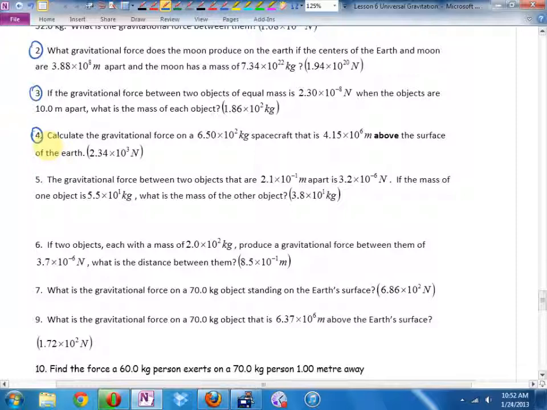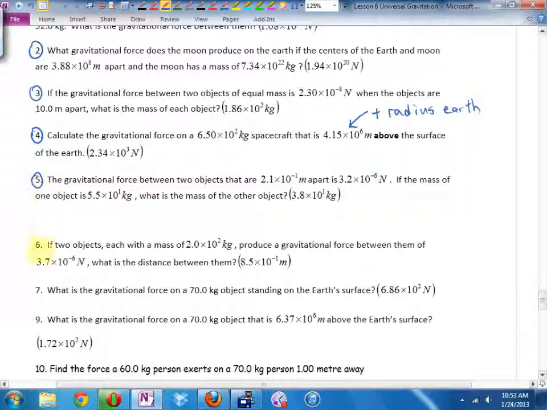That means that the distance from the center of the Earth is that number plus the radius of the Earth, because above is only from the Earth's surface. So when you're using F equals big G m1 m2 divided by r squared, your r is going to have to be the altitude plus the distance from the center of the Earth to the Earth's surface.